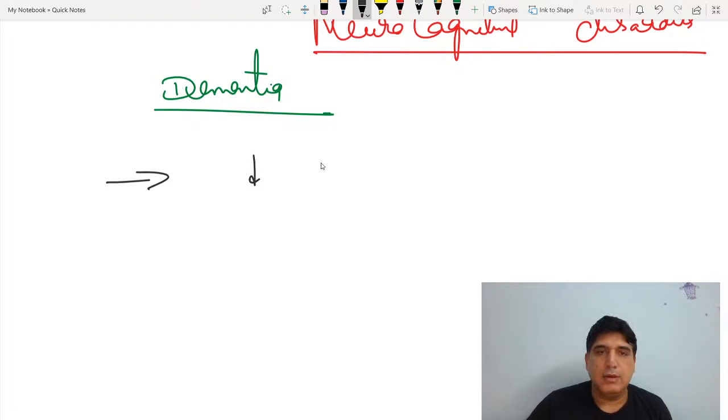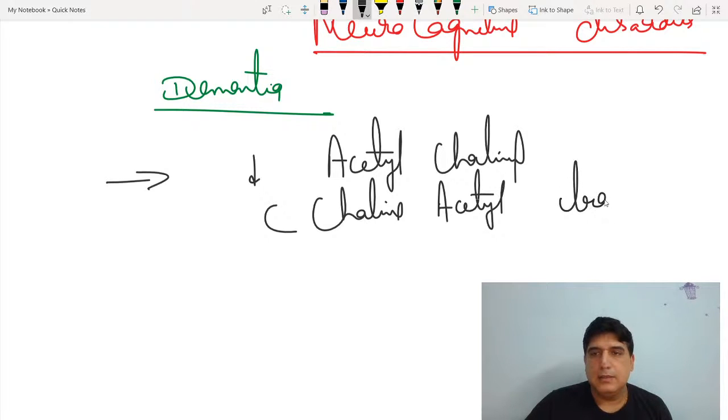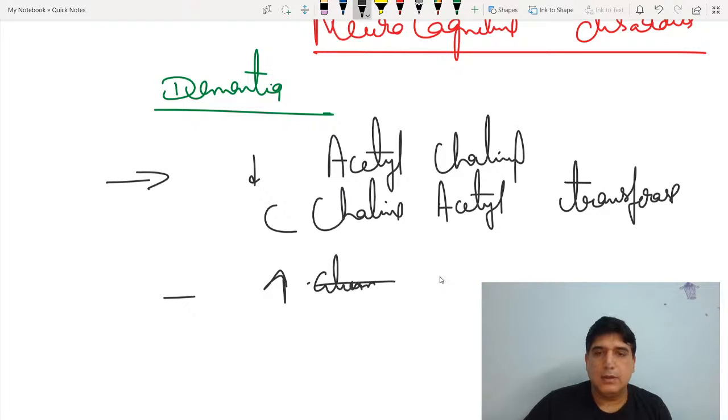Decreased level of acetylcholine or choline acetyl transferase, increased level of glutamate, and decreased level of norepinephrine.